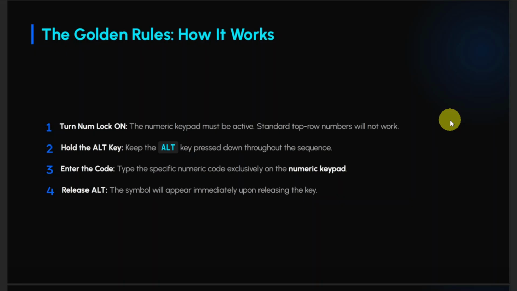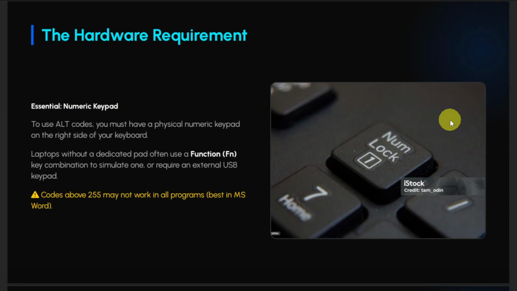These are the 4 steps that you need to follow. This is the numeric keypad right here. The Num Lock is this one, and the numeric keys are here on the right side of your laptop or desktop.